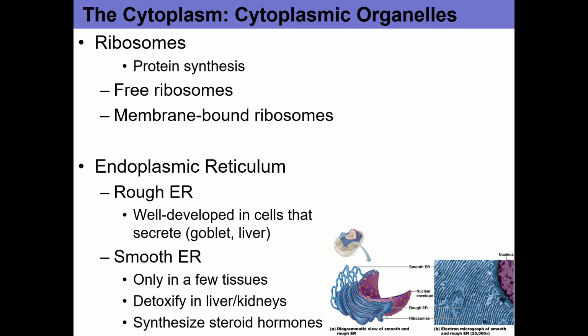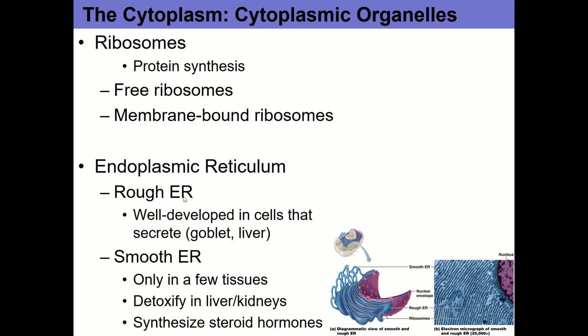The ribosomes that are bound to the endoplasmic reticulum primarily synthesize proteins that are intended for export from the cell, things that we're going to kick out of the cell. So the endoplasmic reticulum is this blue stuff here. The purple thing there is the edge of the nucleus, the nuclear envelope, and that is continuous with the endoplasmic reticulum.